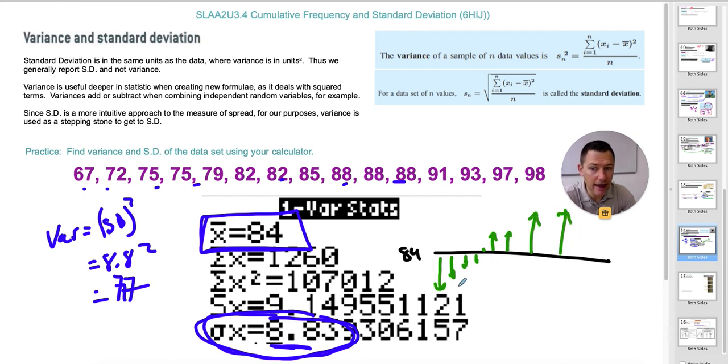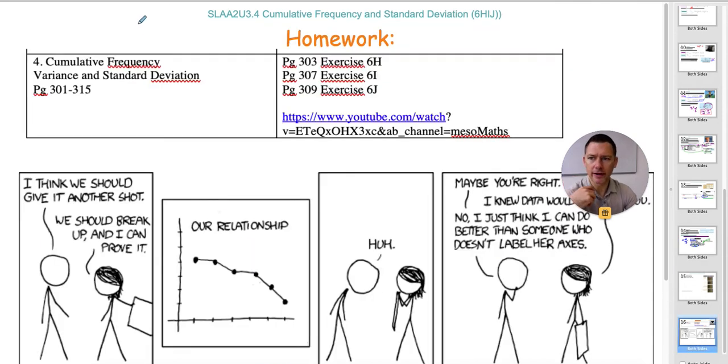And on average, they're about 9 units away from the mean. And that helps you compare it to other data sets and say which one's more spread out, which one's less spread out. Cool? All right, there's some homework, and get to it. We'll see you later.